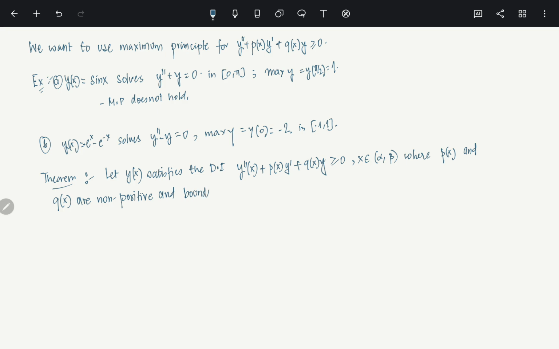Please remember, non-positive and bounded, very, very important. We need these particular conditions.